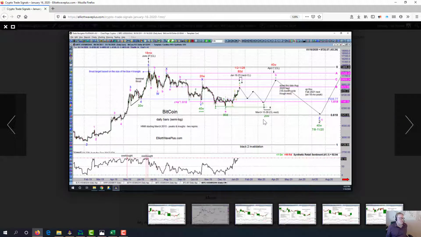Also included for the crypto plan people is my Bitcoin Elliott wave count, which is integrated into a Hurst cycles roadmap. I combine those two when I develop these roadmaps. And I must say my work on Bitcoin over the last couple of years has been quite excellent as far as the Elliott wave and Hurst roadmap of where it's going.